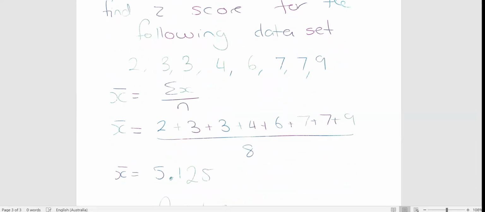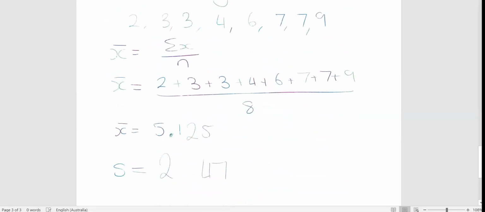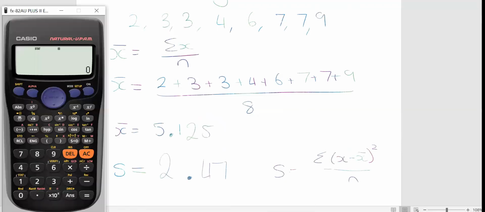The next thing we need to calculate is our standard deviation. Now, we can do this manually using the formula: standard deviation is equal to the square root of the summation of all x minus x bar squared, on n, but that will take a very long time. Therefore, I'm going to pop open my scientific calculator and type in my data.